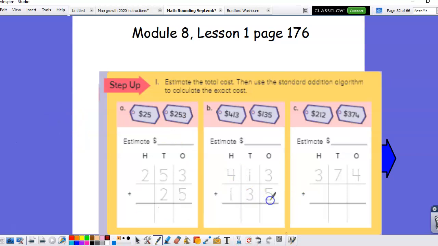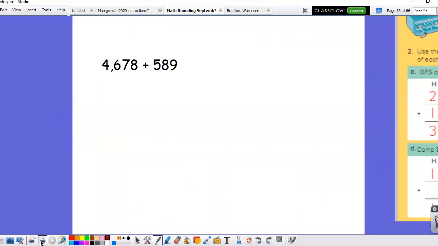I also quickly am going to do this real fast. It's just an example of this one right here. So 4,678 plus 589. Like we said yesterday, the first thing you need to do is line up the place values. You need to put them vertically. What I mean by that is you take this number and you put the 4,000.